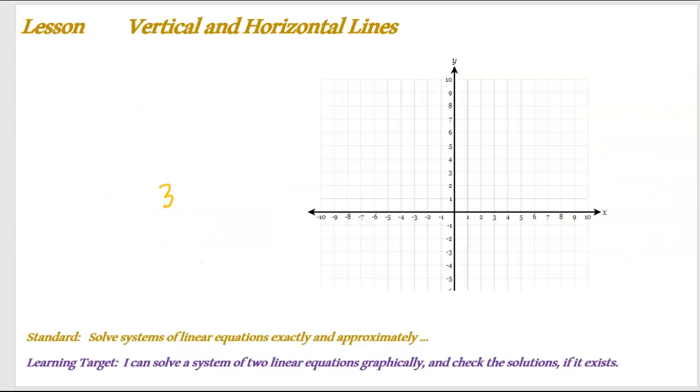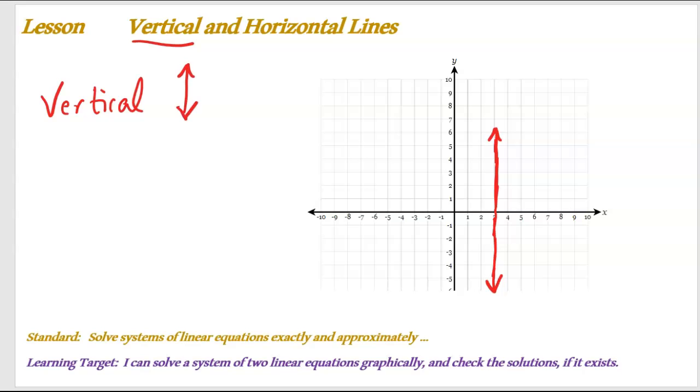Now, real quick, you need to know about vertical and horizontal lines. A vertical line just means a line that is straight up and down. Let's just look at a point or two. This point is 3, 4.